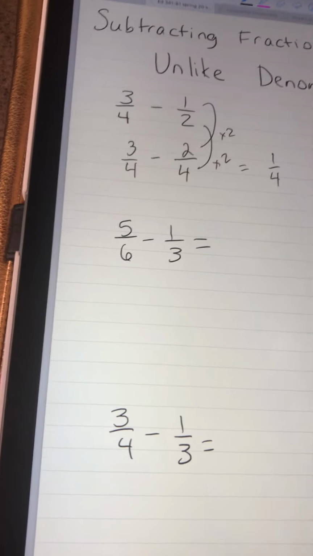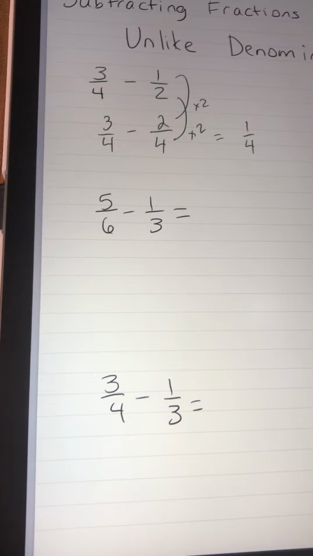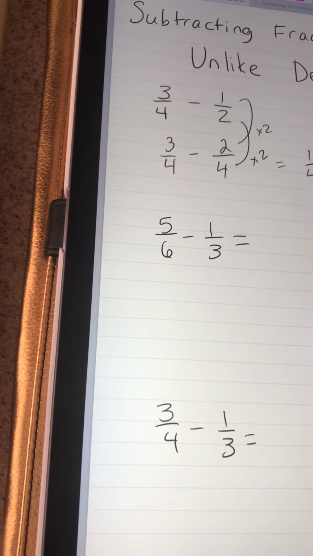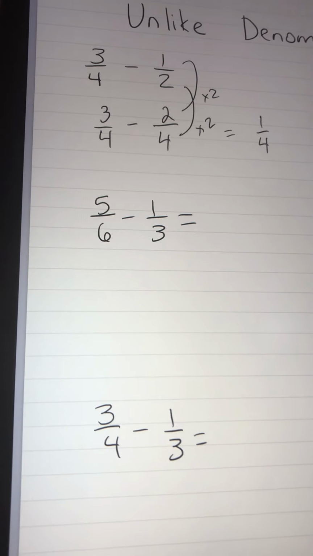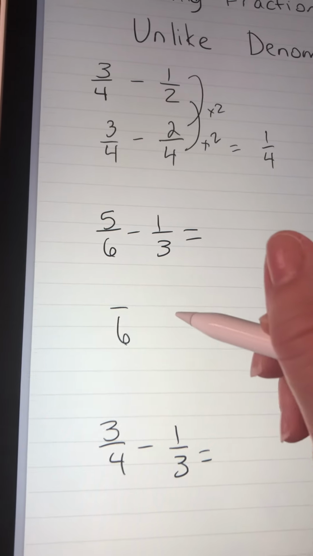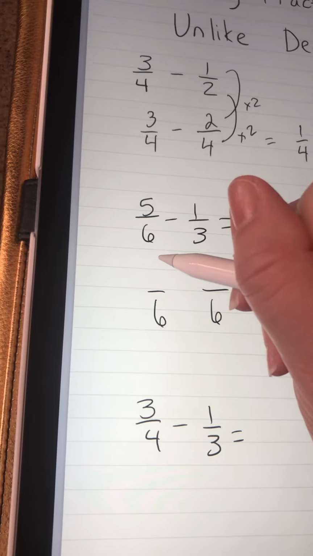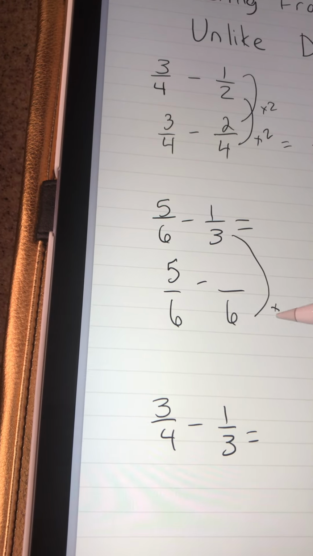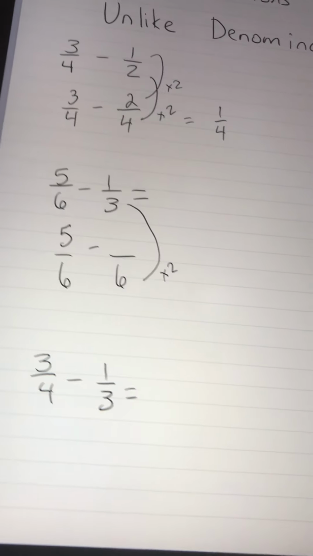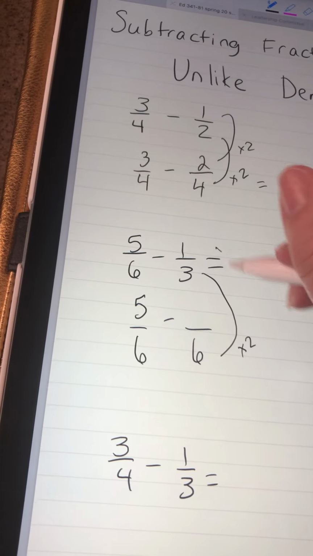With this next problem, 5/6 minus 1/3. Again, since 3 is a factor of 6, 6 is the common denominator. And we take 3 times 2 to get 6. Whatever we do to the denominator, we must do to the numerator.